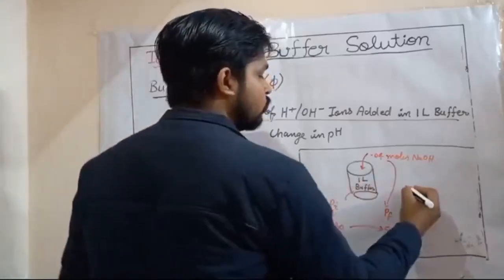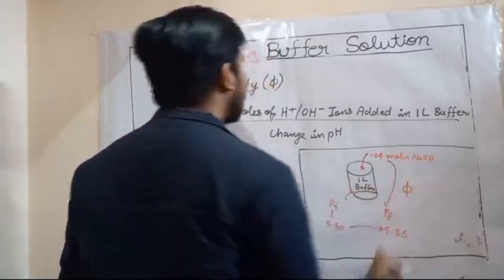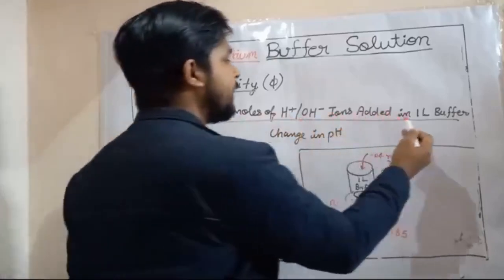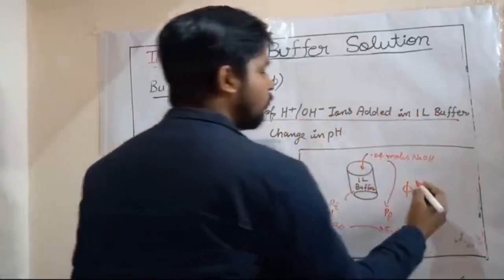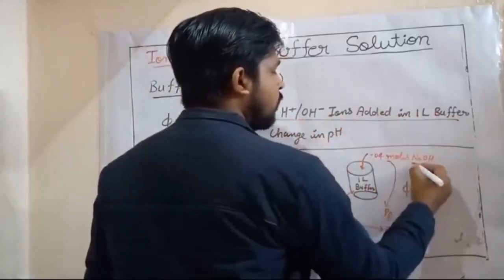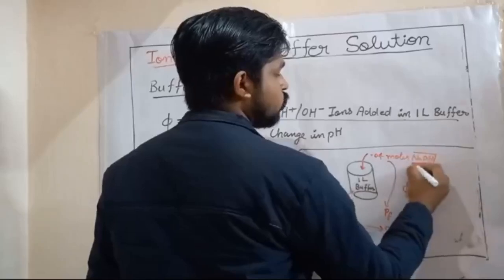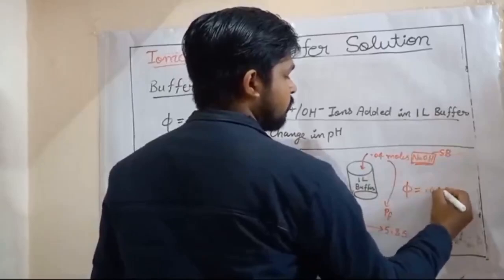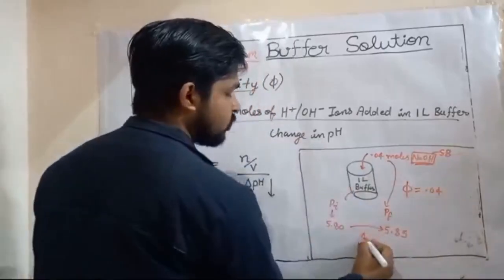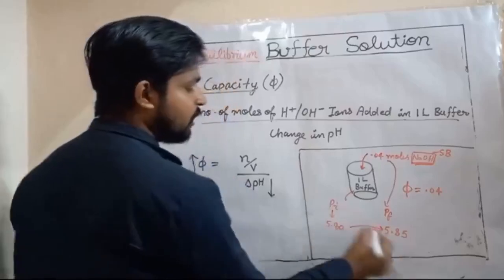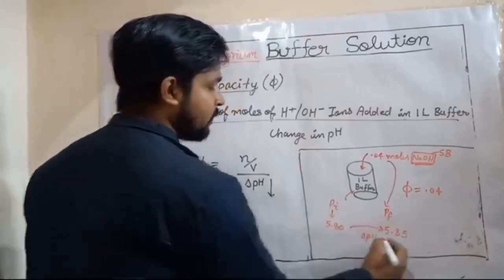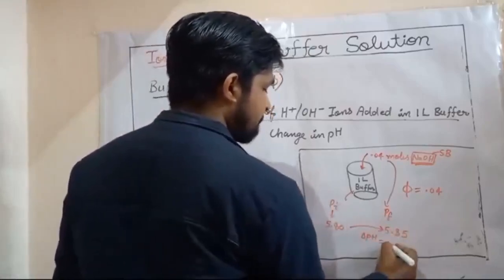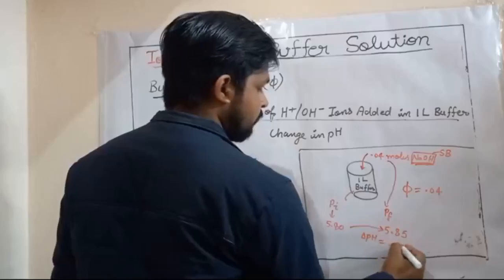So we can calculate buffer capacity phi, the number of moles of H plus and OH minus added in 1 liter of buffer. So the number of moles of NaOH, a strong base, added is 0.04, and then delta pH, the change in pH, final minus initial, is 0.05.